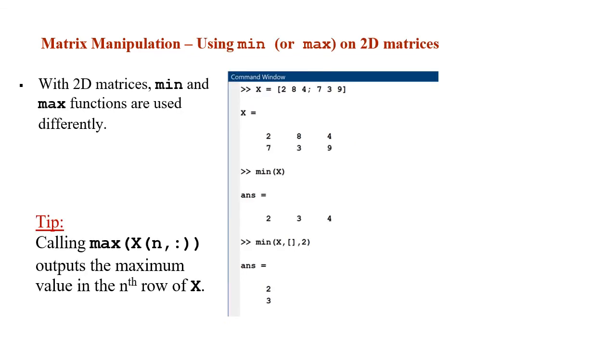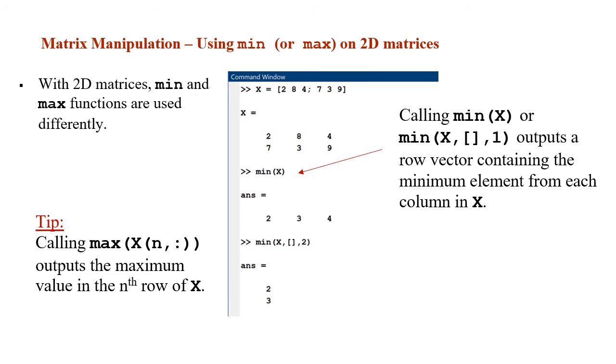Now we're gonna learn how the functions min and max work on 2D matrices. Assume we have a matrix of size 2 by 3 named x, meaning it has 2 rows and 3 columns. Calling min x on that matrix will output the smallest value from each column in x, meaning the result would be a row vector containing the smallest element in each column of x.